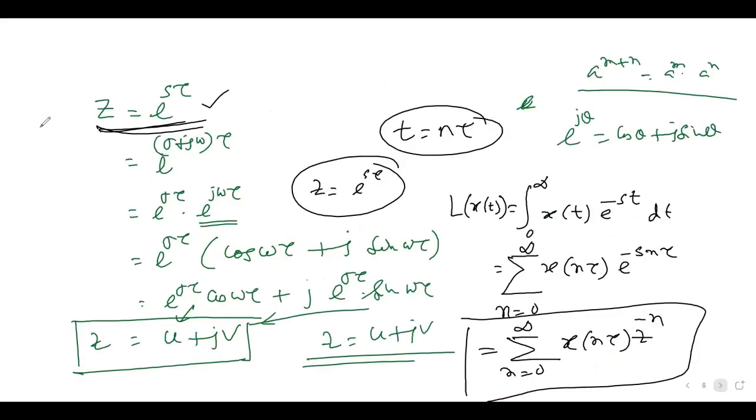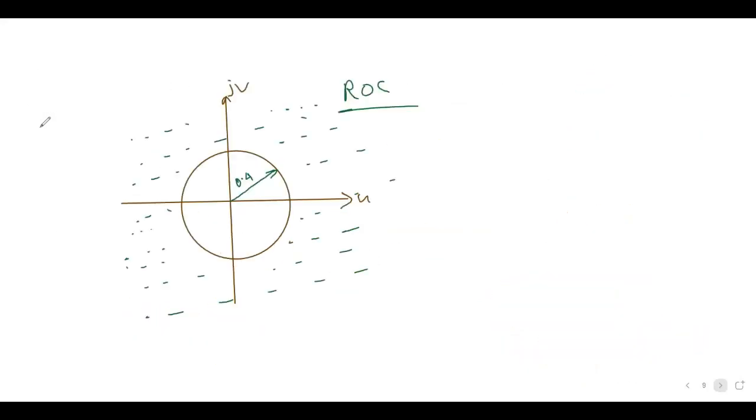Now here we have a signal x[n], which is given as 0.6^n u[-n-1]. Find the Z transform.